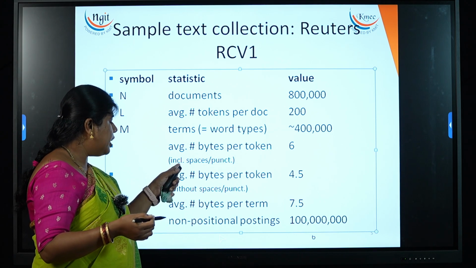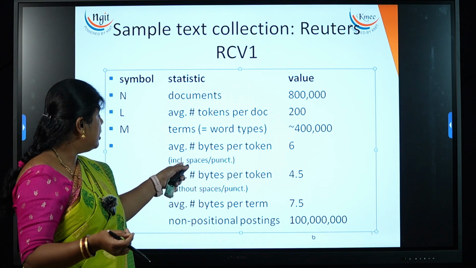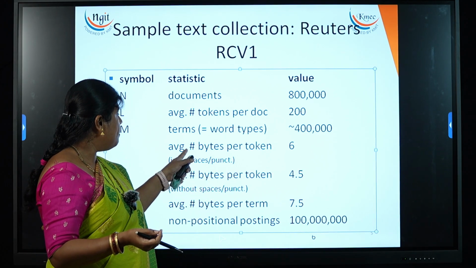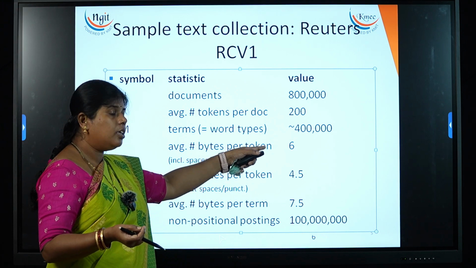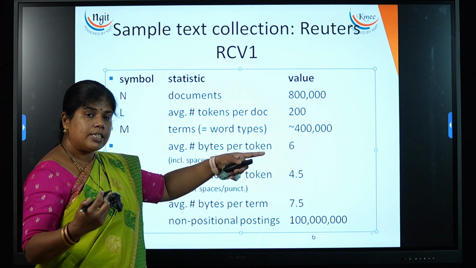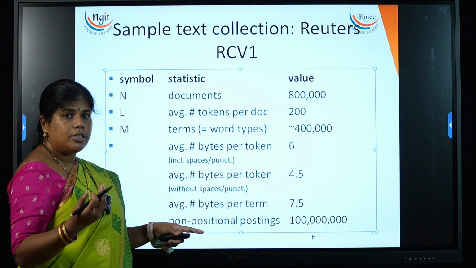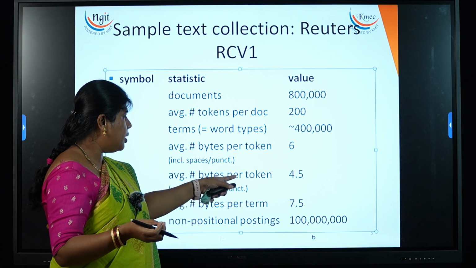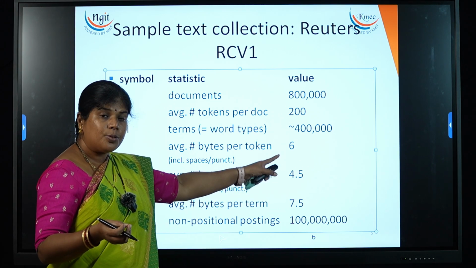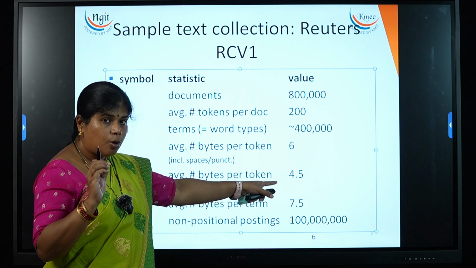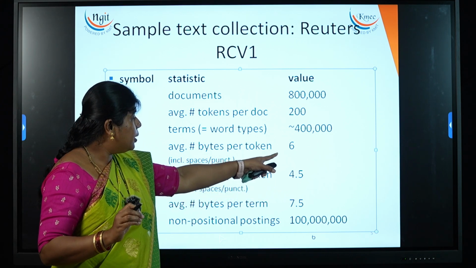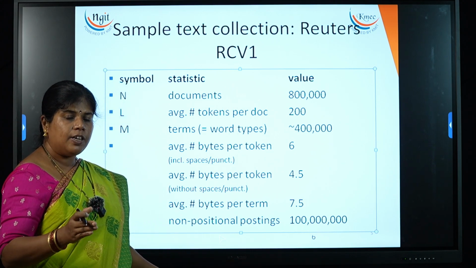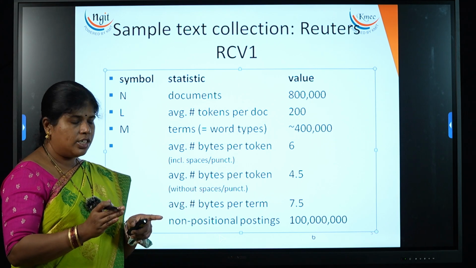Then if you are including any space or punctuation like special symbols, how many bytes do I need to represent one token? 6 bytes. When I am removing all these spaces or punctuation symbols, then how many bytes per token do I need? 4.5. So, this reduction you should observe. When per token you are reducing 1.5 bytes, then definitely it will affect the total storage requirement.